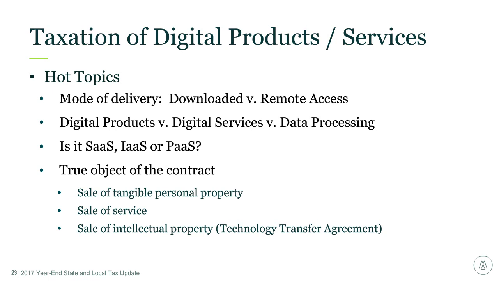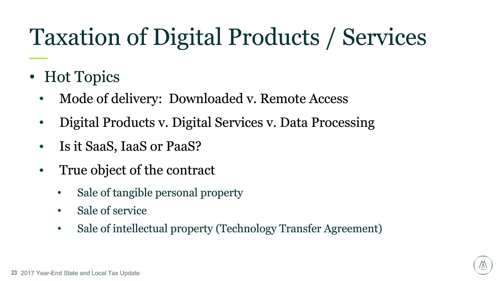Also in California, we're still dealing with what we refer to as the TTA, the Technology Transfer Agreement, which looks at it as it's not really a tangible item that is being transferred, rather it is an intellectual right or property. So there were a couple of cases that came down a few years ago, and California is still fighting. They're not fighting the court cases; they're fighting the administration of the concept.